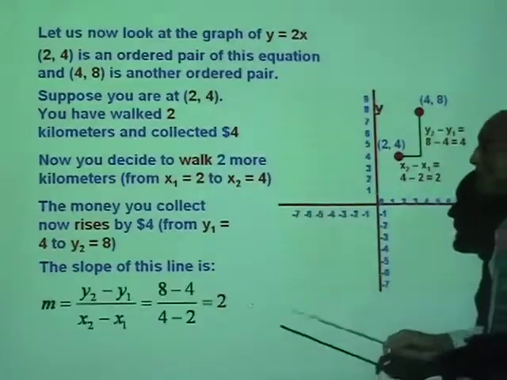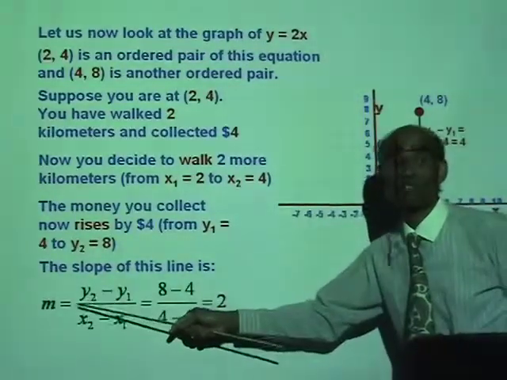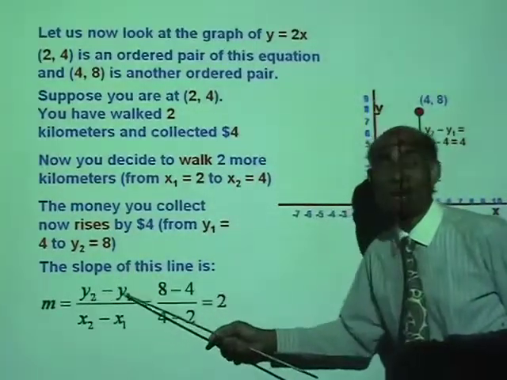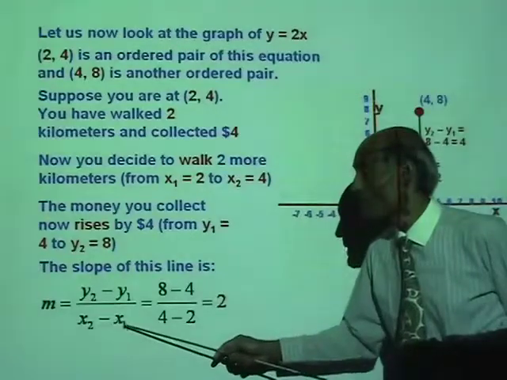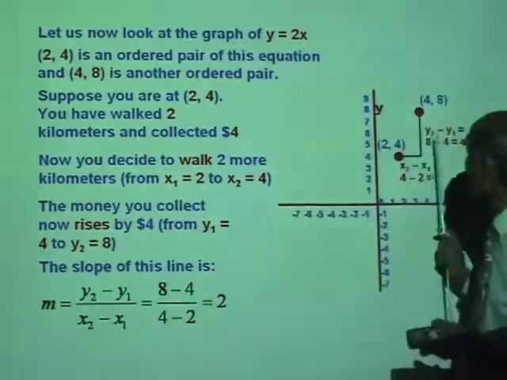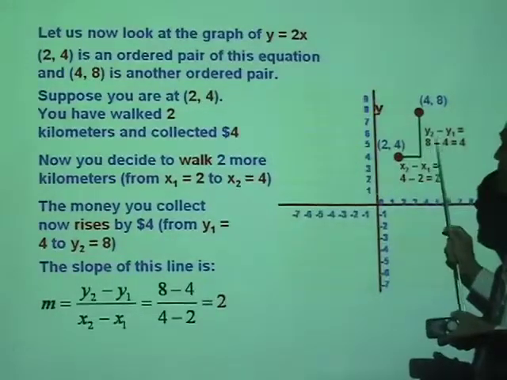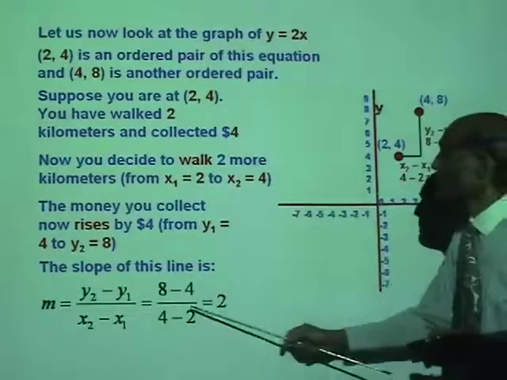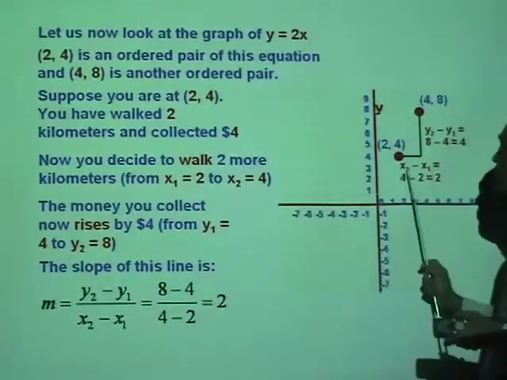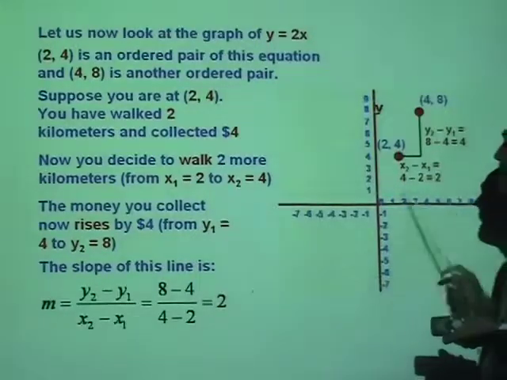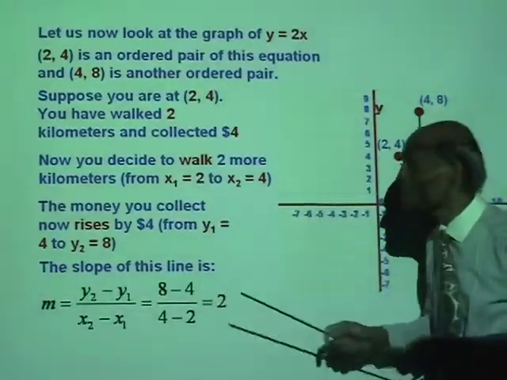So the slope of the line is, isn't this the definition of the slope? The change in the output, y2 minus y1, divided by x2 minus x1. What is the change in the output for us? 8 minus 4 is the change in the output, and the change in the input is 4 minus 2, so that will be 4 divided by 2 equal to 2.